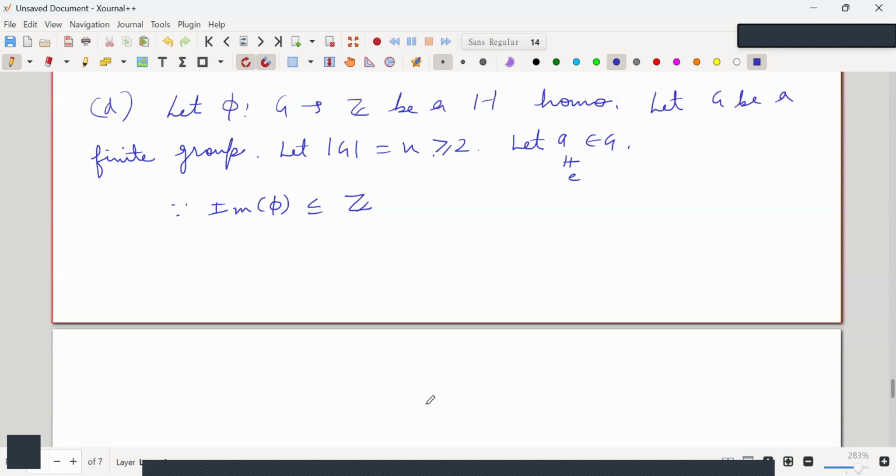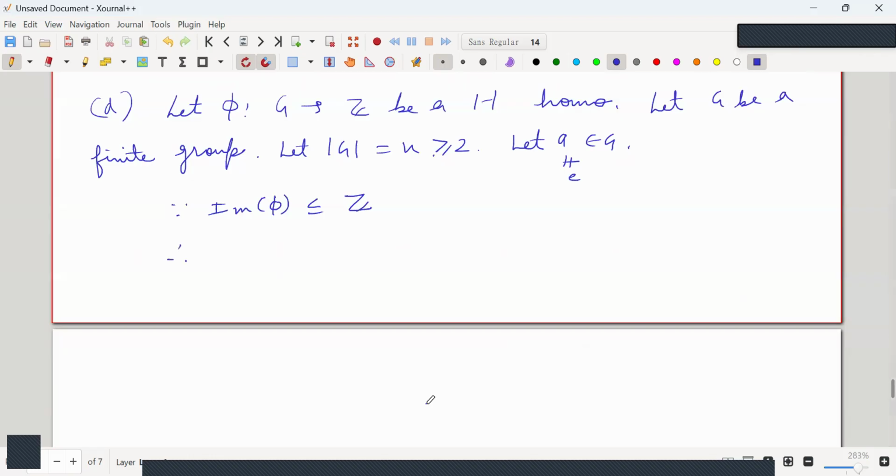You know the proof, right? Identity is there because identity is mapped to identity. For any two elements phi a and phi b, their product is phi of ab, which is also inside the image. And for any element phi a, the inverse is phi of a inverse. So image is always a subgroup.